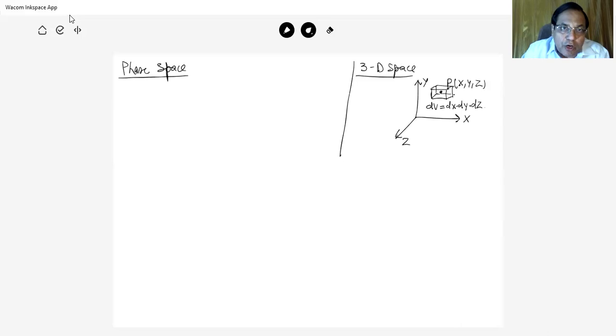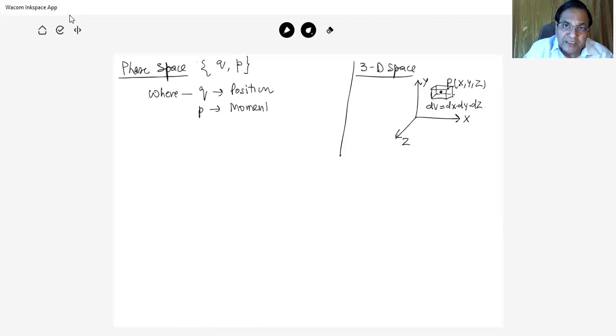But whenever we talk about phase space, there are three momentum coordinates and three position coordinates, where Q is position and P is momentum.